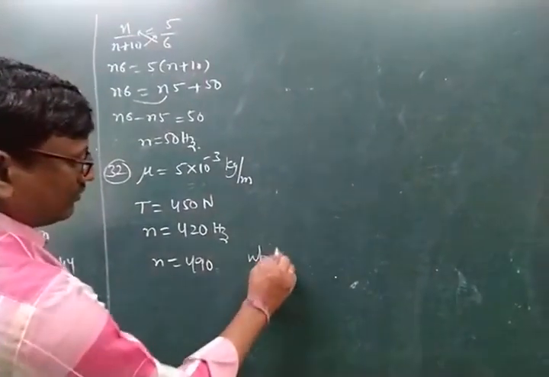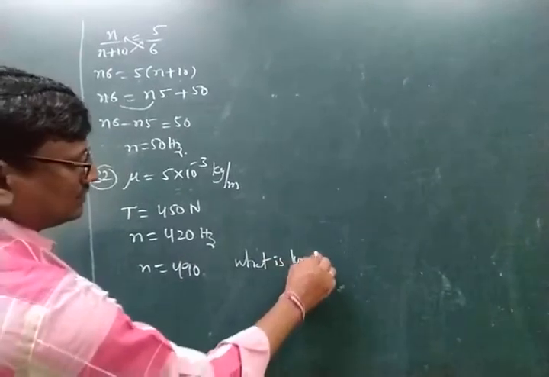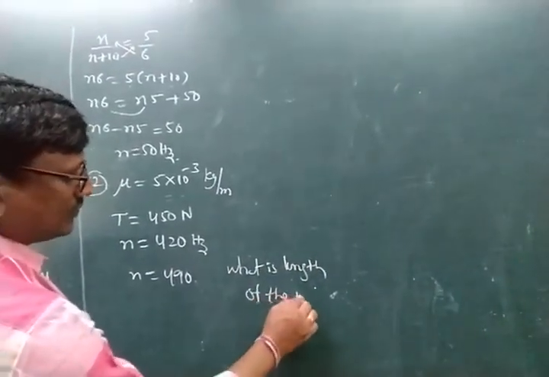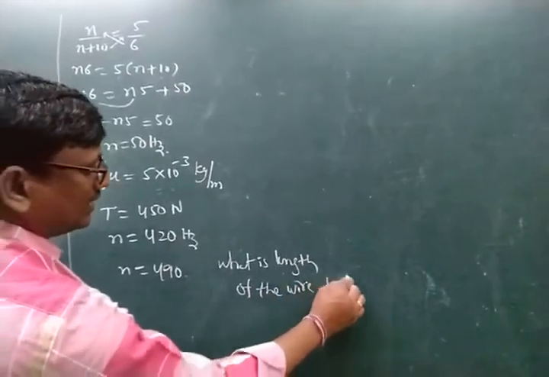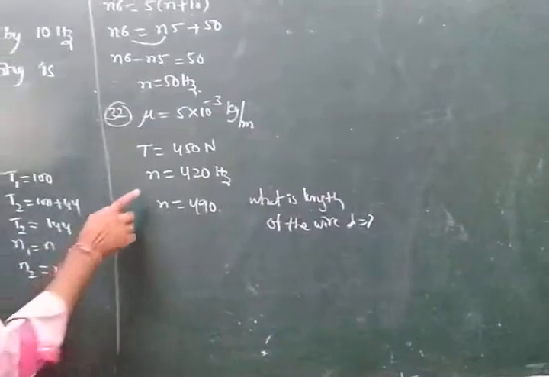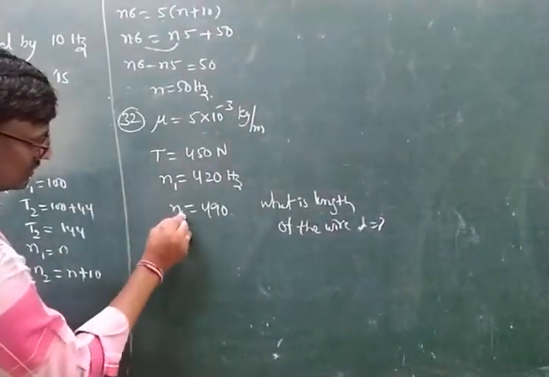What is the length of the wire? L is equal to. See here, two frequencies are given. This is considered n1 and this is considered n2.